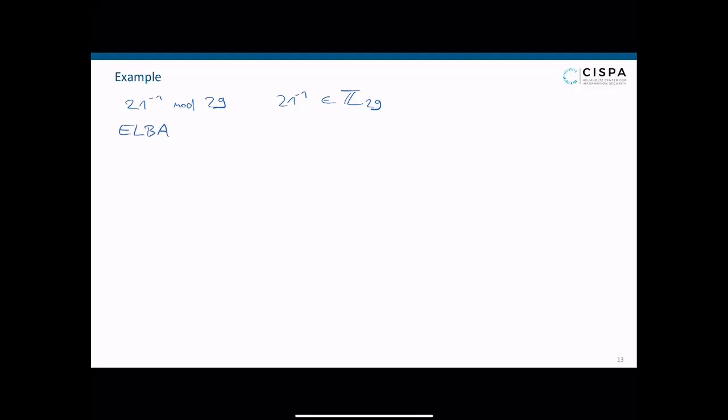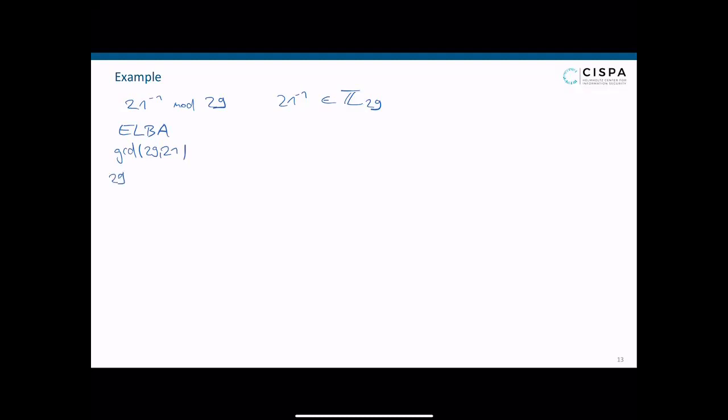So let's look quickly at the GCD of 29 and 21. I hope I'm not boring you. What we do is, of course, we start with the first step of Euclid's algorithm.